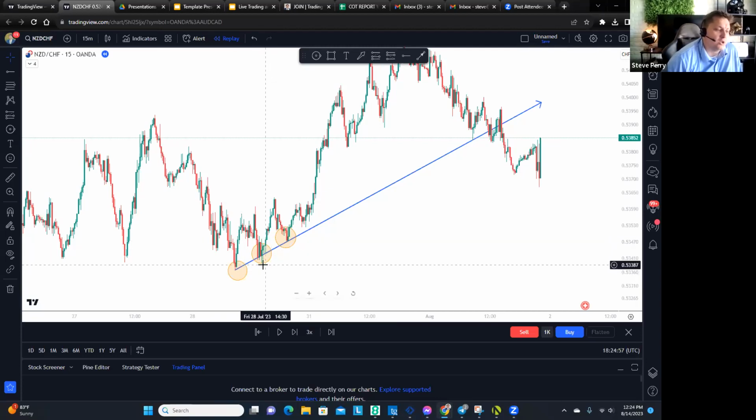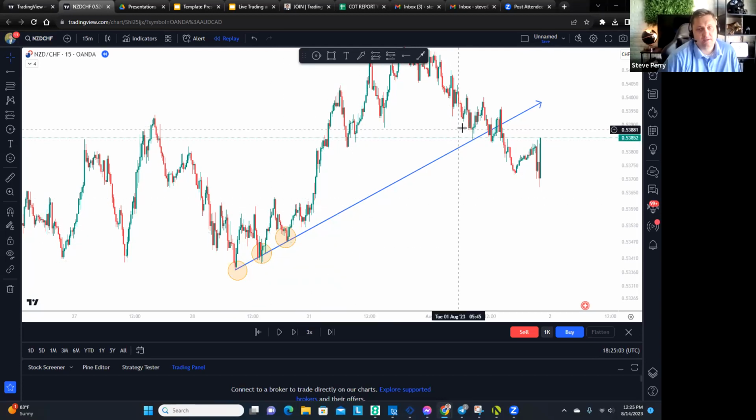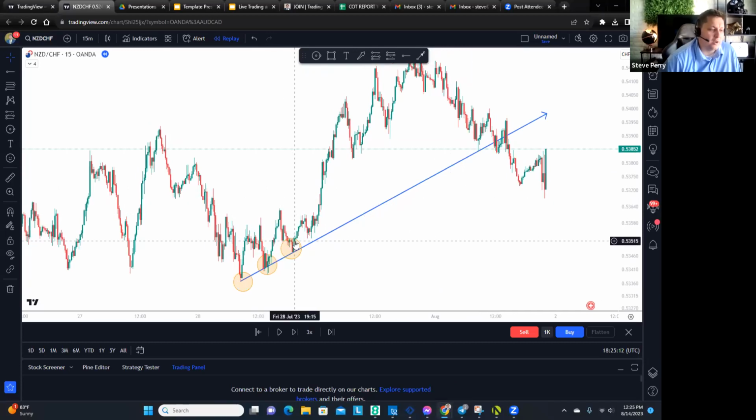Why? Because once you have point A and point B, then the slope is set. Whatever slope you're going to draw, now set. You can't change that slope anymore, right? So back to good old math days in high school. Once you have point A and point B, you can't change the slope. So if you get a third point of engagement, then it's confirmed that what you drew was in fact and indeed a correct and a valid trend line.